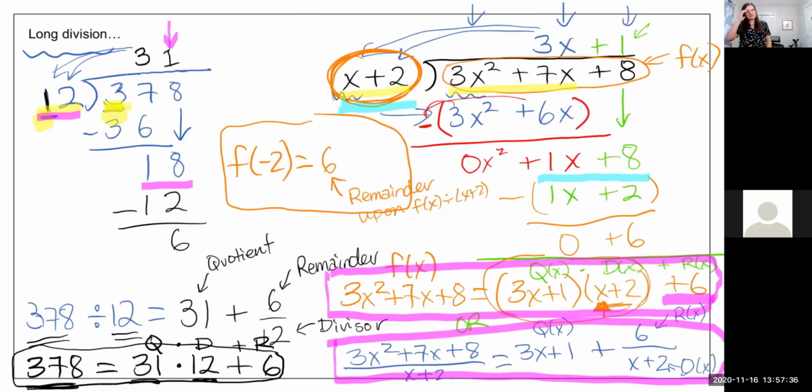That's useful to us because in the future, rather than doing all this for every number, we can just plug in a negative 2 and see if it gives us 0 or not. And we can wait until we get a factor that will factor completely and not just with a remainder, because we want that remainder to be 0 so that it factors completely and we can find all the other zeros.